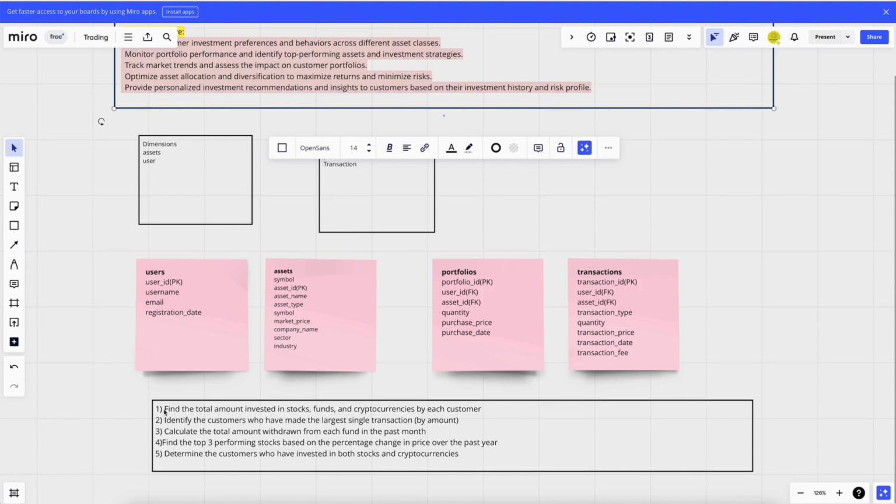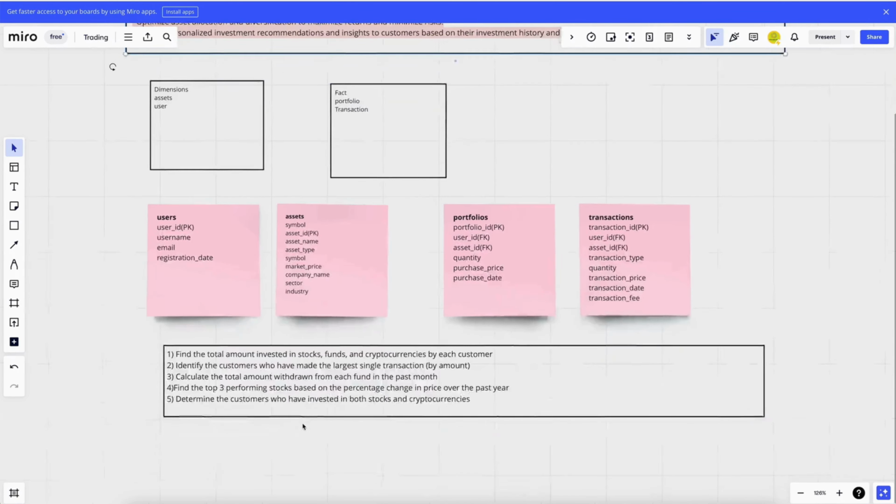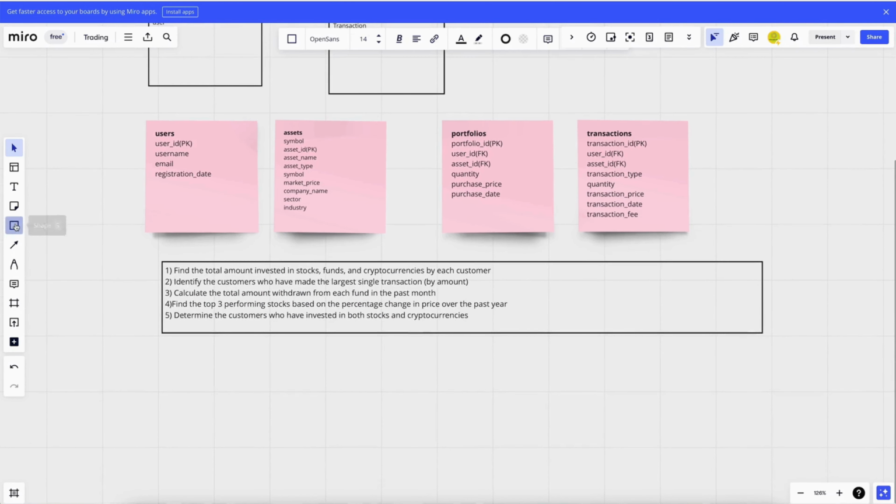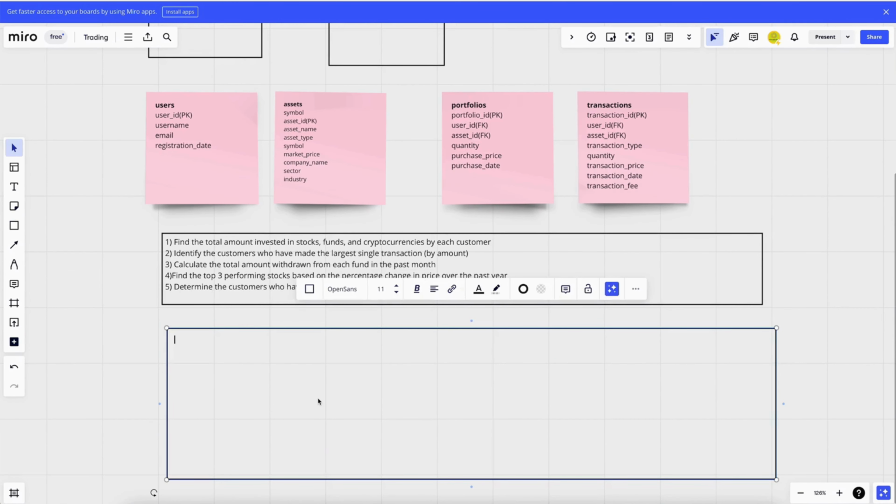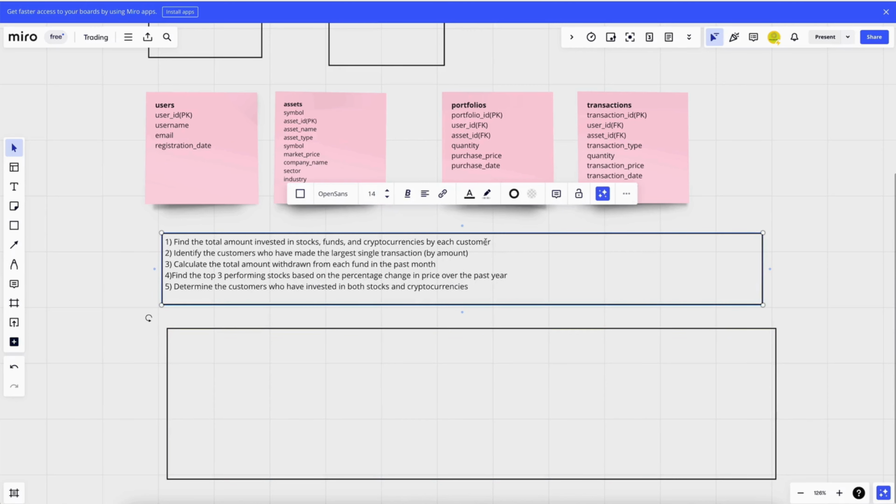We can always go back and add a couple more columns to our dimension and fact tables in case we realize we don't have that particular column in the table in order to solve these SQL statements. So I'll start with the first one. Let me copy this one.